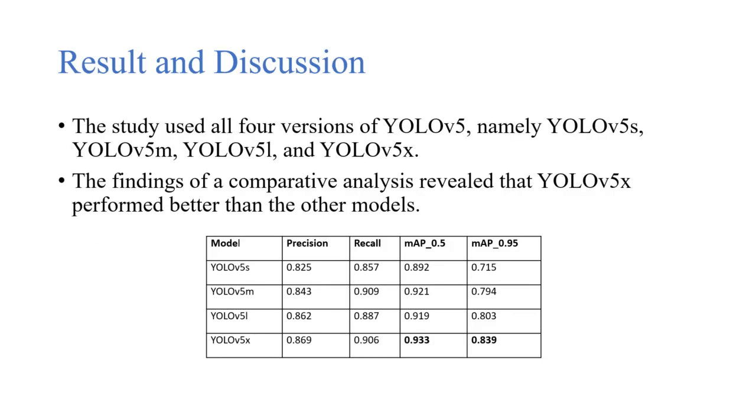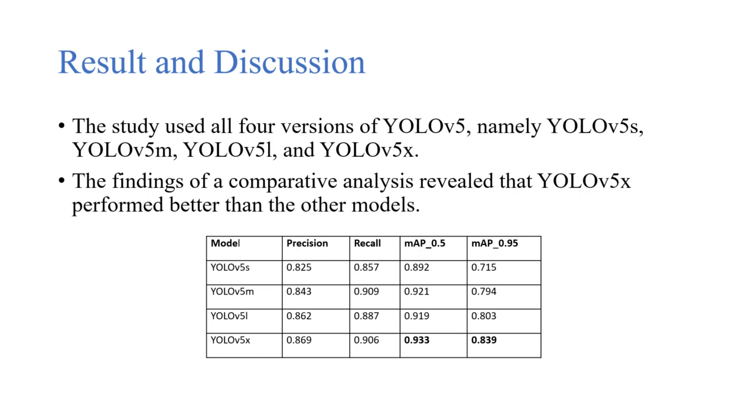Next, result and discussion. In our exploration, all four versions of YOLO V5, including YOLO V5S, meaning YOLO V5 small, medium, YOLO V5 large, and YOLO V5X were rigorously employed.